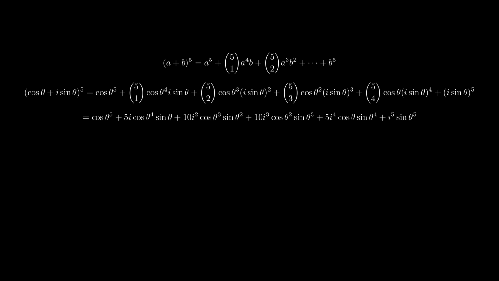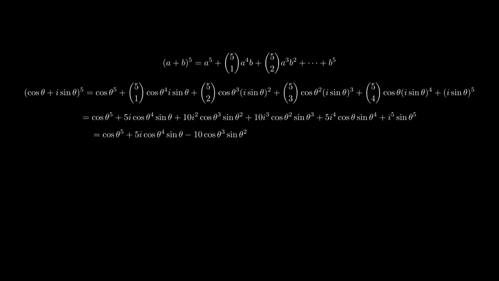The next thing we need to do is, anywhere we see an i squared or higher, convert all the i squareds into -1. You can see for the first two terms this does nothing. However, the third term is 10i squared, so this becomes -10.